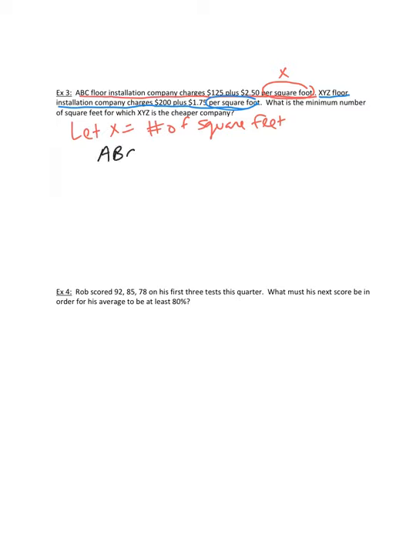I go, okay, well, ABC charges $125 no matter what, plus $2.50 times X square feet, however many square feet I buy. And then XYZ Floor Company, the blue one, charges $200, so $200 just for showing up, plus $1.75 per square foot.